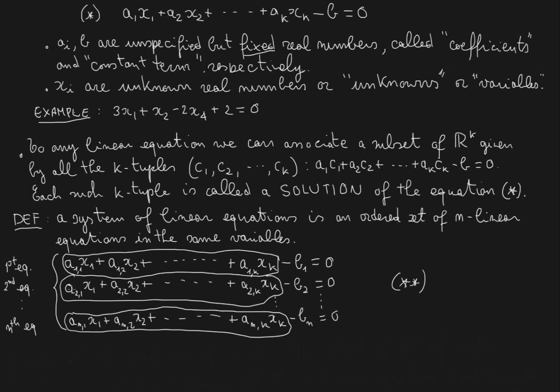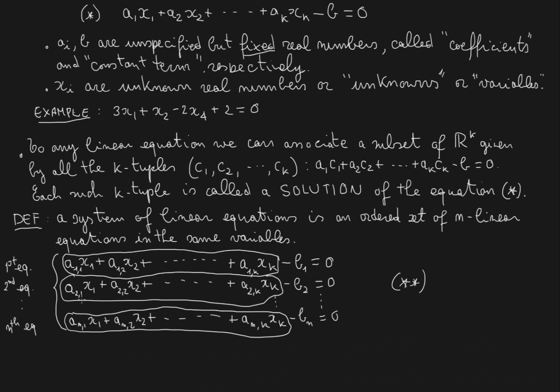Now the second equation will start off with a2,1, because 2 means that the coefficient is of the second equation, and then 1 because of the first variable of the second equation, and so on. The last one being a2k xk minus b2, b2 because again it is the constant term of the second equation.